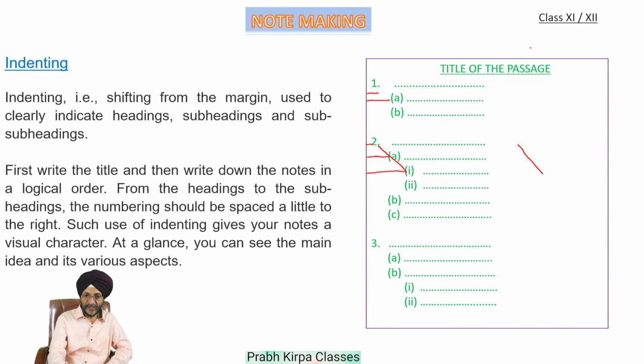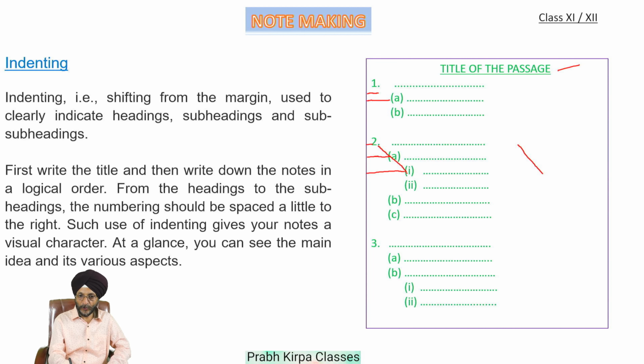First, write the title. Then write down the notes in a logical order in this way. From the headings to subheadings, the numbering should be spaced a little to the right. You can see the numbering is written a little to the right. If we are writing 2a and 2b, they are in the same line.